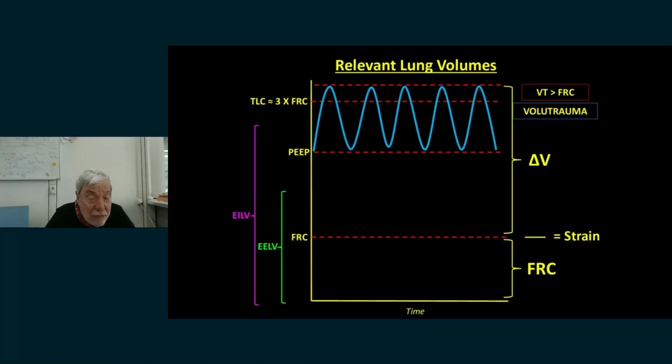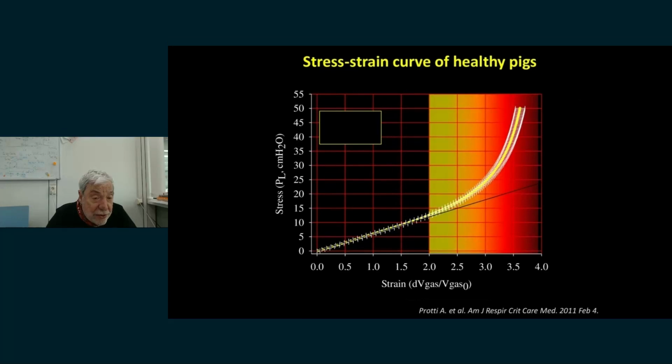The tidal volume, in spontaneous breathing, we do not measure. And when the strain is about 1.5, that means the tidal volume plus the PEEP volume is 1.5 times the FRC volume, we have great damage to the lung.